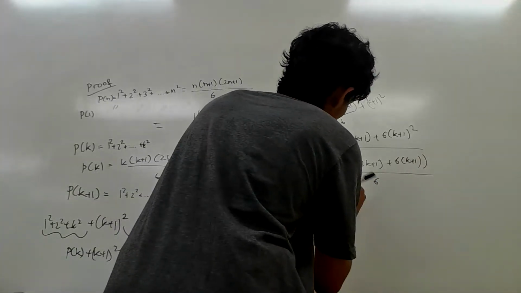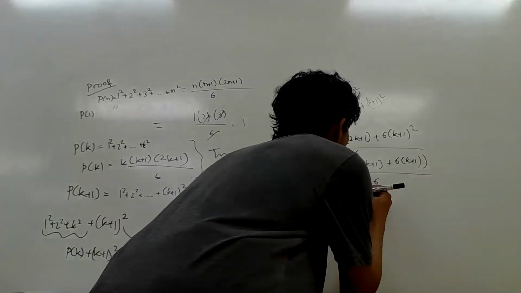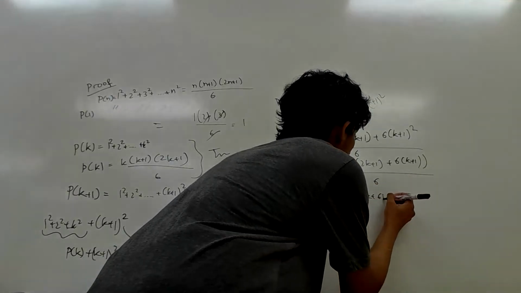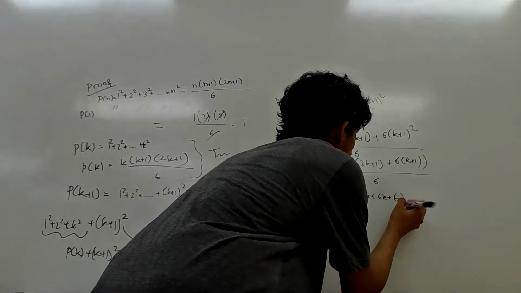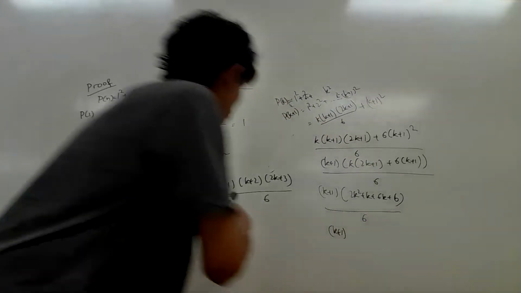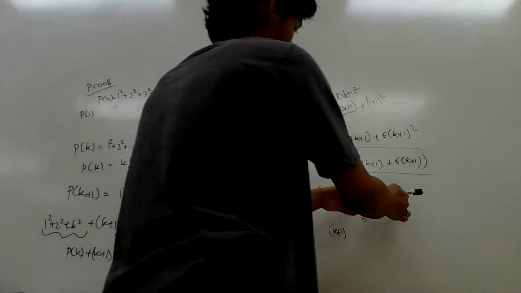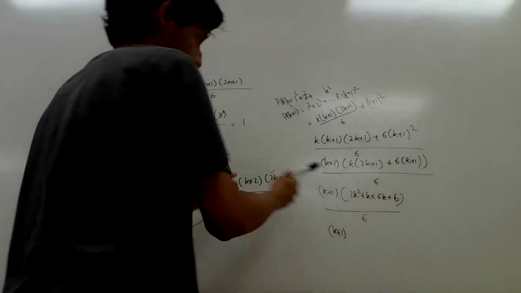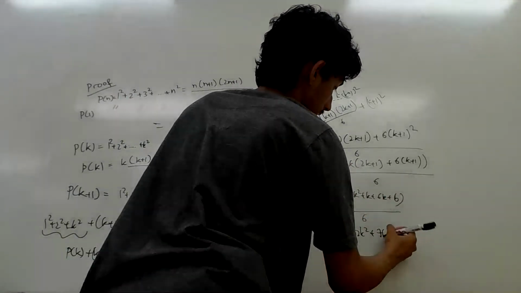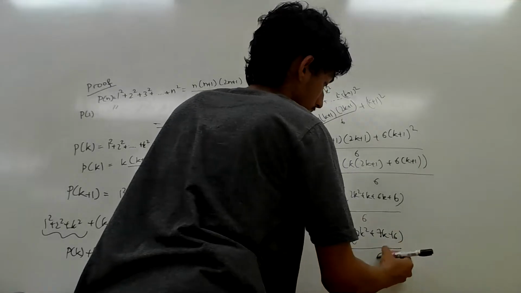This will give you k plus 1, and this is 2k squared plus k plus 6k plus 6 divided by 6. We somehow got this k plus 1. We need to prove that this part is equal to this. So you can take this as 2k squared plus 7k plus 6 by 6.